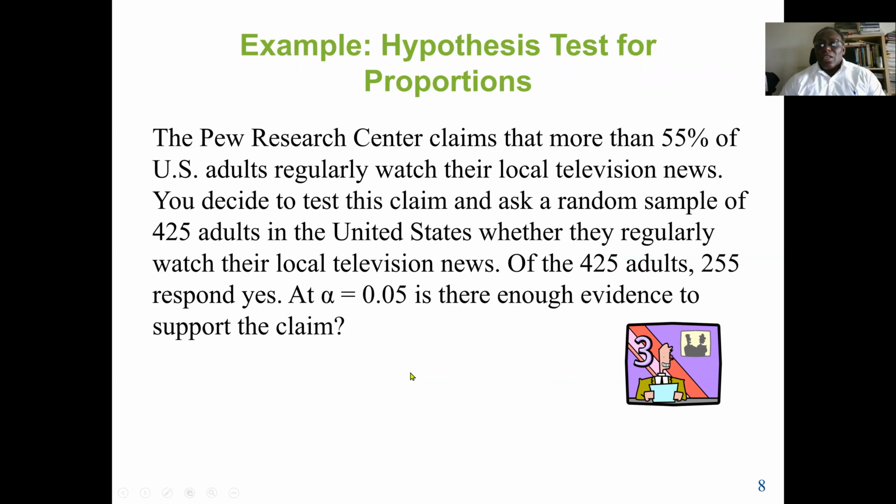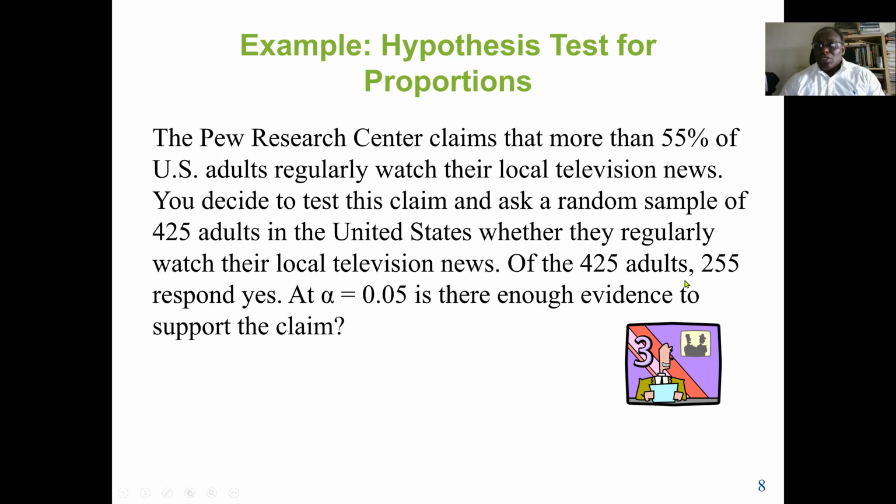So again, the same steps we're going to follow. Here, the claim is that more than 55% of US adults regularly watch their local television news. Then you took a sample of 425 to test this claim. Of the 425 you took, 255 respond yes.